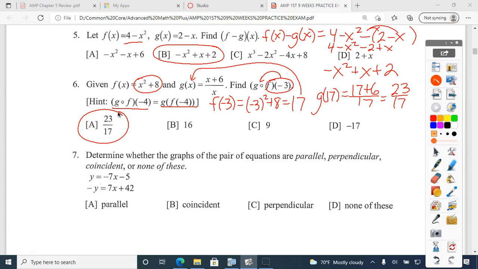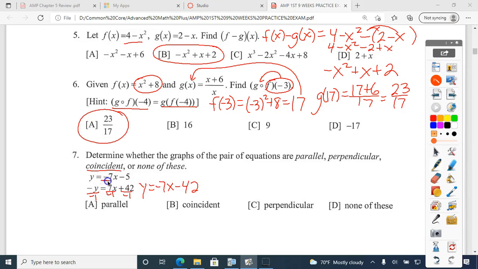Number 7, determine whether the graphs of the pair of equations are parallel, perpendicular, coincident, I'm not really sure how you say that word, or none of these. So first off, I need to make sure they're both solved for y. This second one is not. It has negative y, so I need to divide everything by negative 1. So that will be y equals negative 7x minus 42.